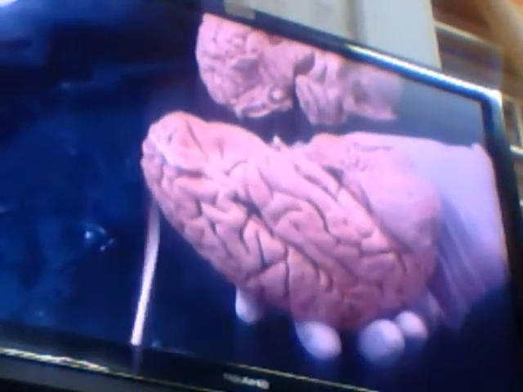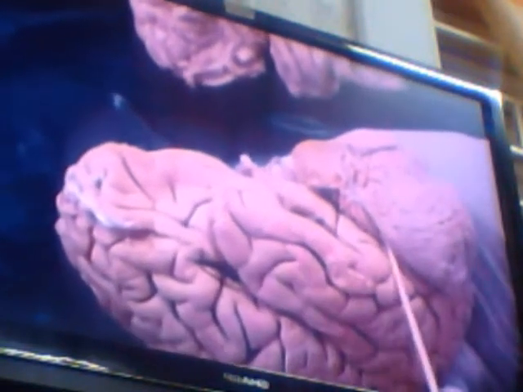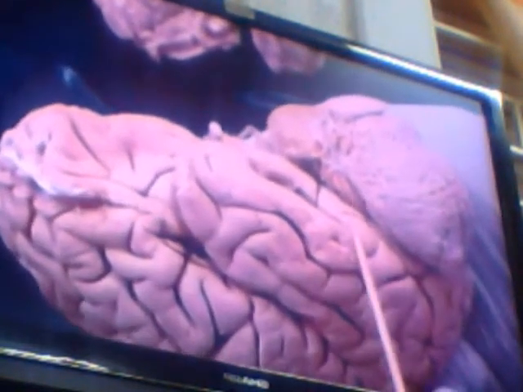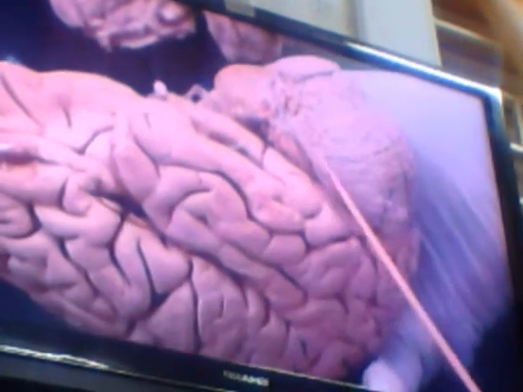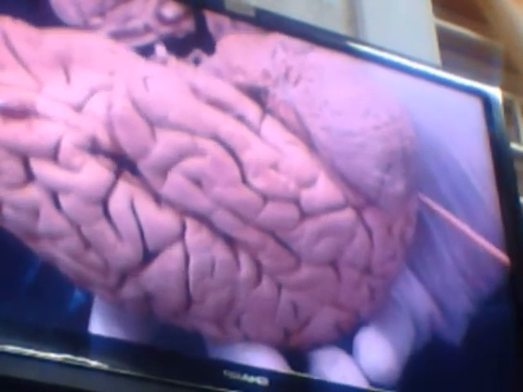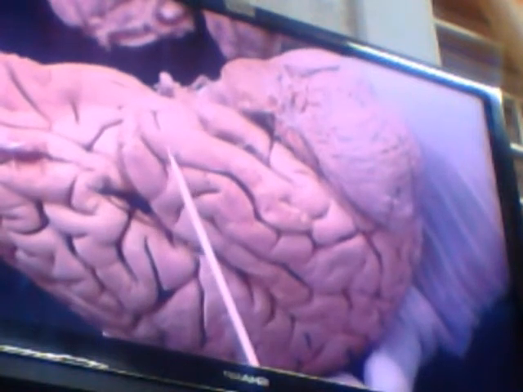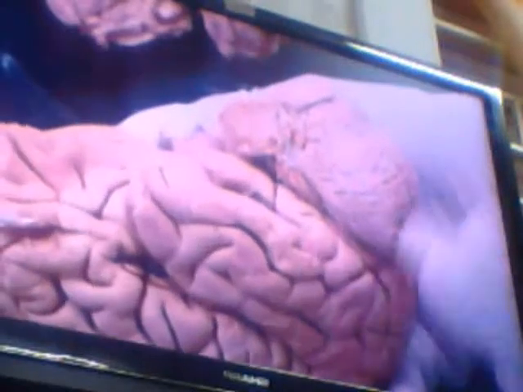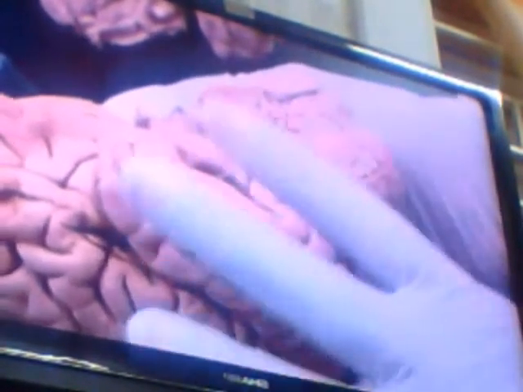Irregular because the frontal section is concave, and the temporal or temporo-occipital part of it is convex. Sorry, this back part is concave, and the temporal part is convex. So the base of the brain is irregular. It has an irregular surface.